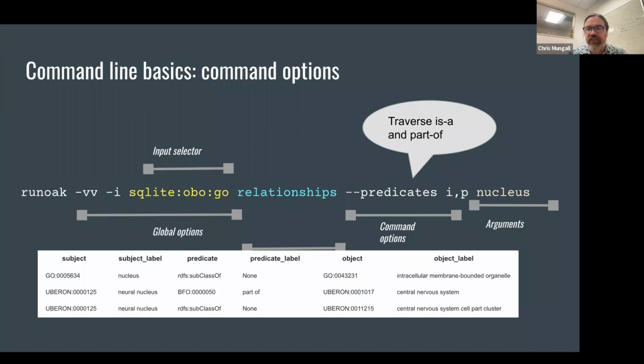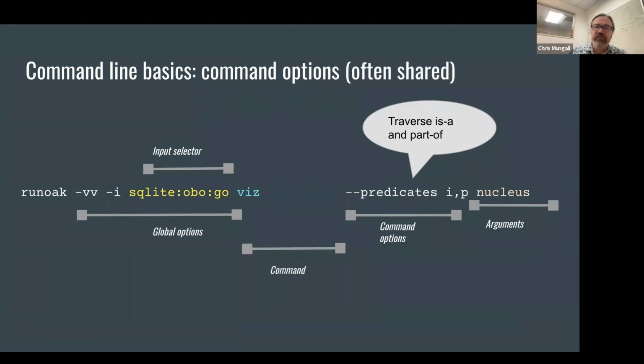So in this particular case, specifying this filter will only show the is-a and part of relationships. And even though this predicates option is specific to the command, we make use of the same patterns again and again.